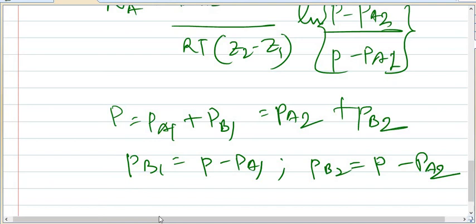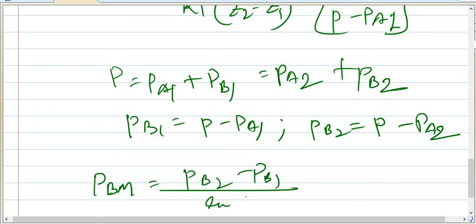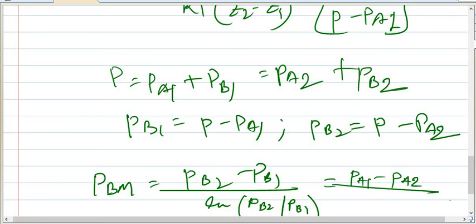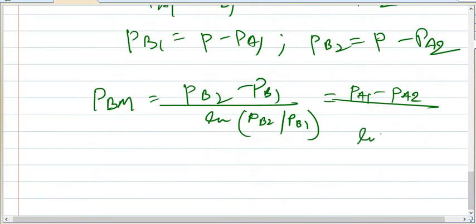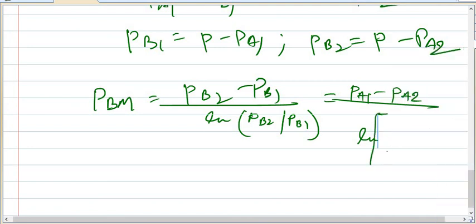Now we solve the log mean pressure difference, that is PBM equal to (PB2 minus PB1) divided by ln of PB2 divided by PB1. Similarly, for A, we can write (PA1 minus PA2) divided by ln of (P minus PA2) divided by (P minus PA1).